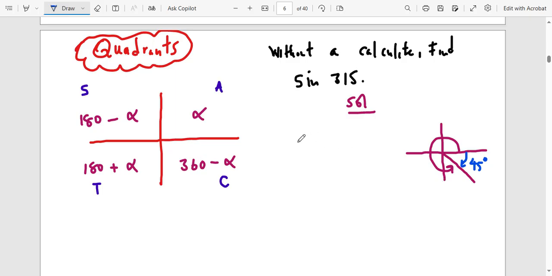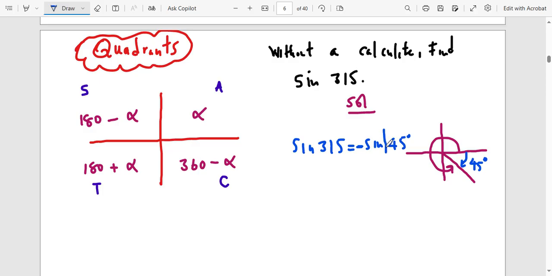So we'll come back and say sine of 315 is actually the same as sine of what is the angle that you have found? 45. But remember, in the fourth quadrant, the only ratio that is positive is cos. So meaning that sine is going to be negative. So attach a negative in front.